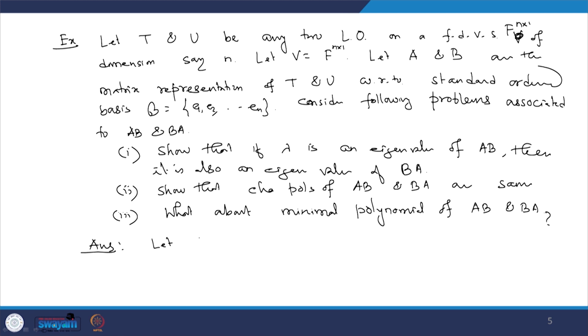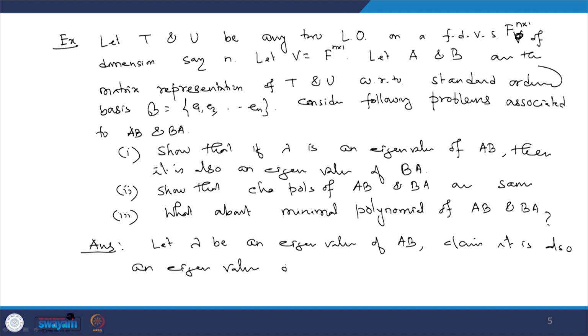Let lambda be an eigenvalue of AB. Claim: it is also an eigenvalue of BA. How?